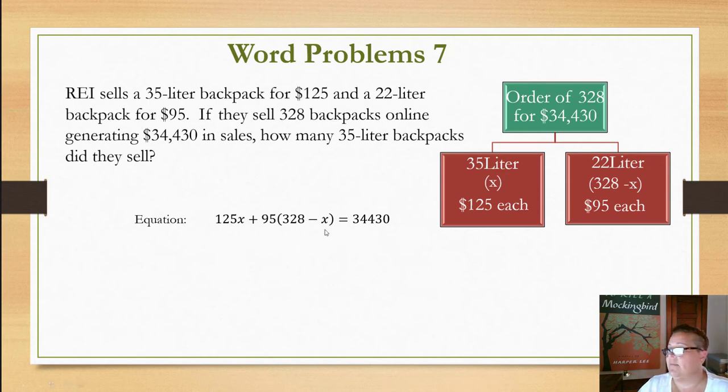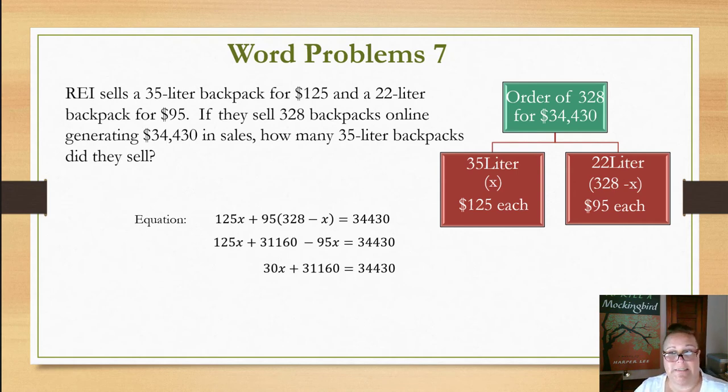Simplifying by combining my like terms, I'm going to do 125 minus 95 to get 30x plus 31,160. Subtracting the 31,160 from both sides, I get 30x is equal to 32,070. And dividing by 30, I have x is equal to 109.